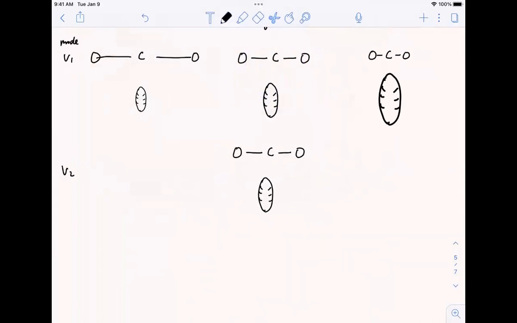So this one will go like this. It moves like this. Then the whole thing will get bigger. I mean, it may not be like this. I just copy for simplicity.